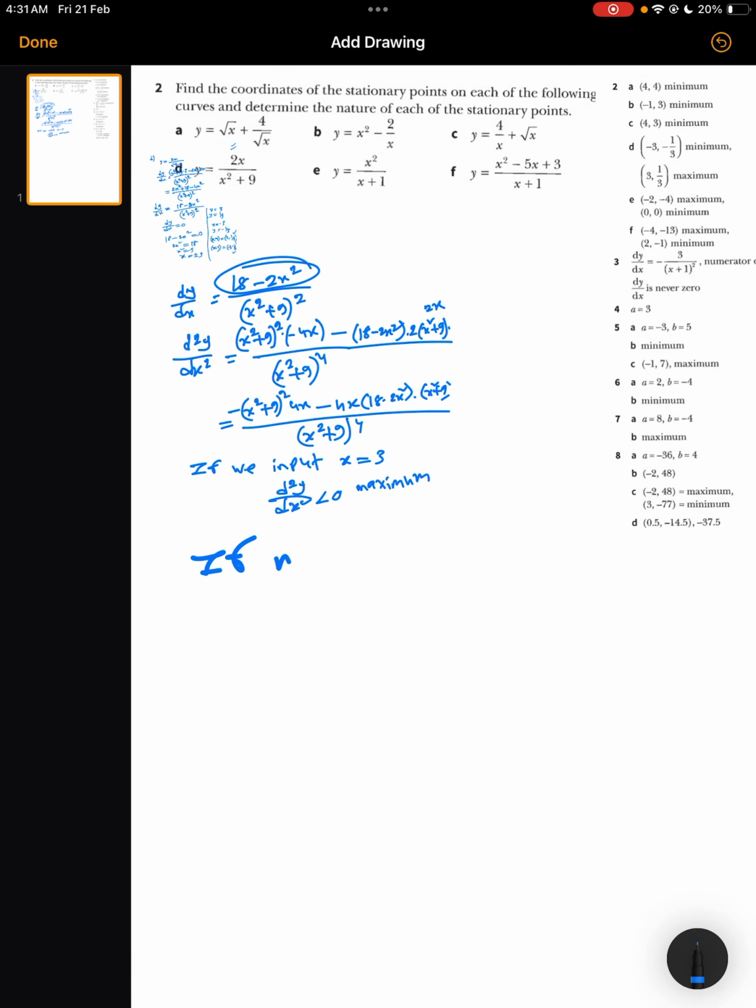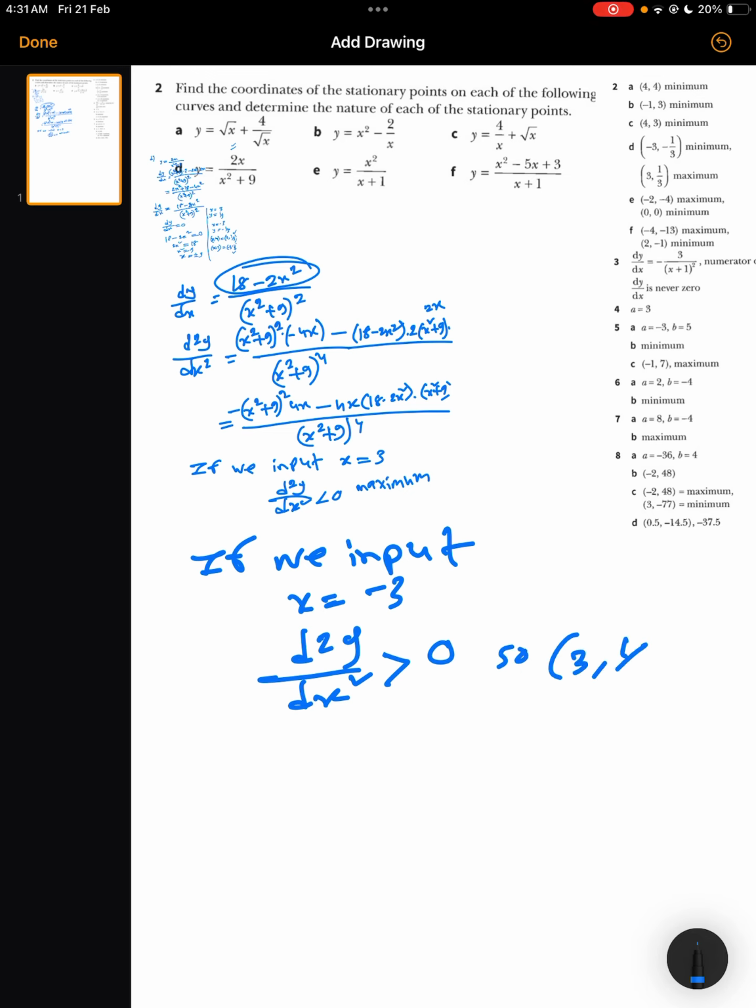Another thing, if we input x is equal to negative 3, we'll get the second derivative of y greater than 0. So (3, 1/3) is minimum.